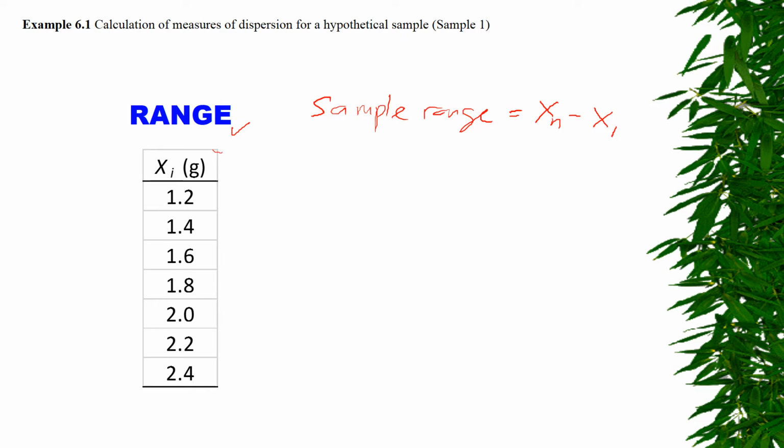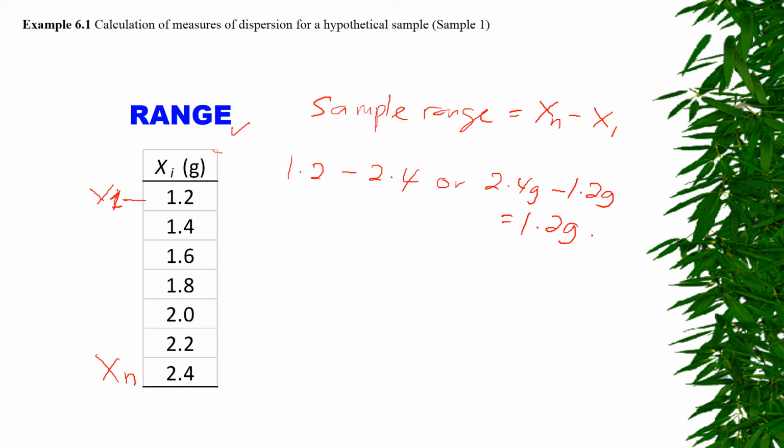This is a hypothetical set of data in which x1 is 1.2 grams and xn is 2.4 grams. Thus, the range may be expressed as 1.2 to 2.4, or as 2.4 grams minus 1.2 grams equals 1.2 grams.